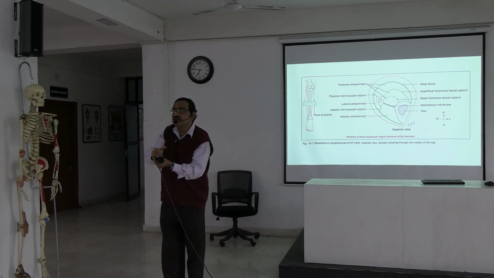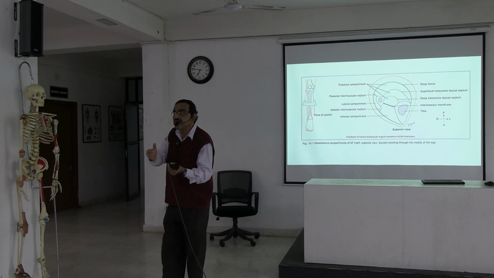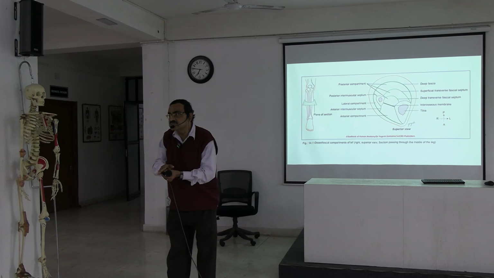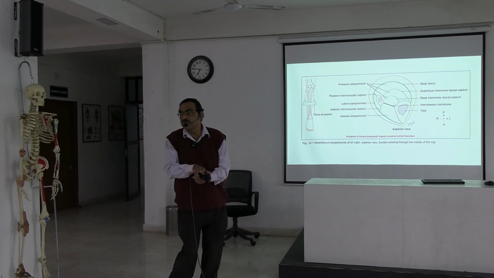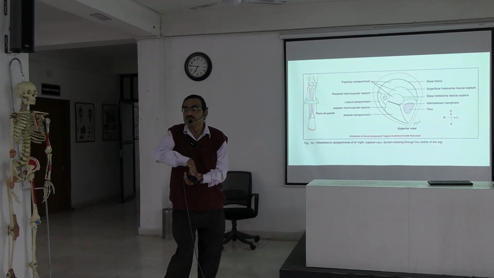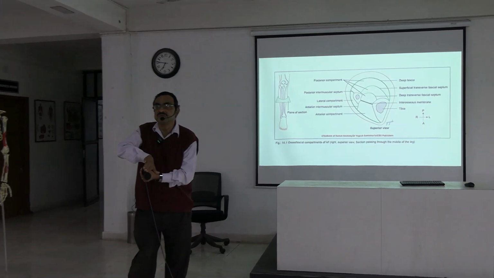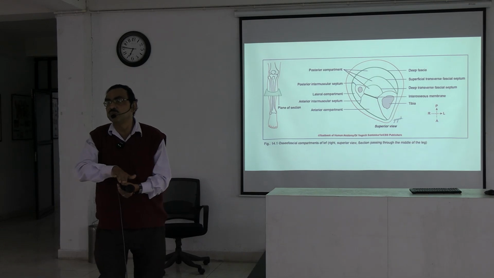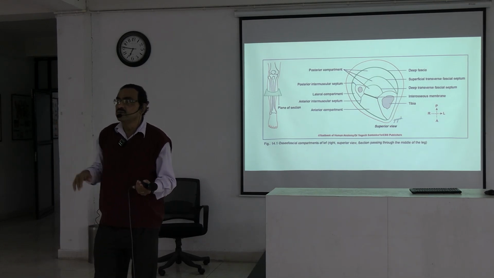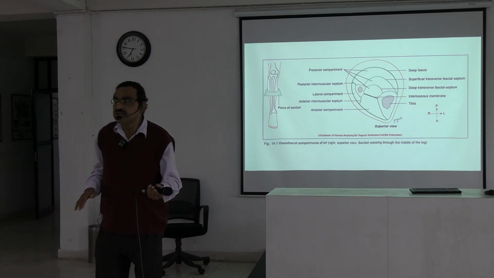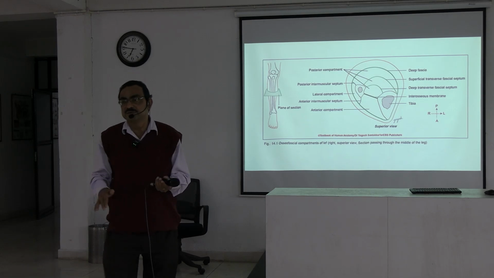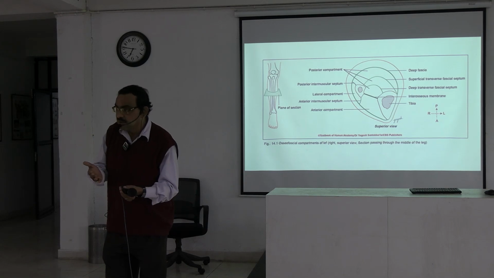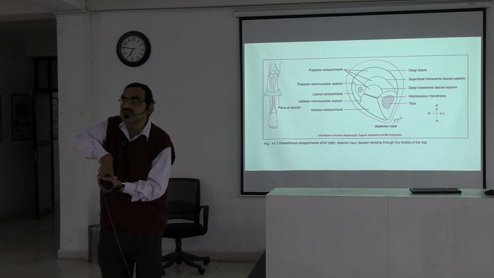Elevation of the medial border is called inversion. Elevation of the lateral border is called eversion. When we are walking over a rough surface, there is continuous inversion and eversion. So some muscles cause inversion and some cause eversion.